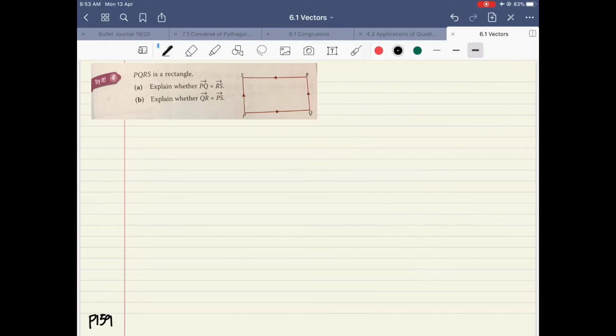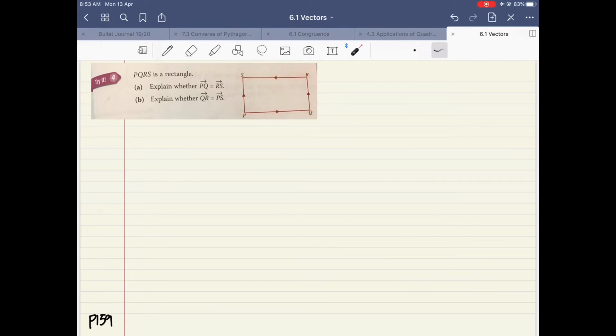Now we talk about try it 4. Try it 4, we see that PQRS is a rectangle. So we have to determine and explain whether the vector PQ is equals to the vector RS. Okay, PQ and RS have the same magnitude. Why? They have the same length. However, if you notice, PQ is going towards the right and RS is going towards the left.